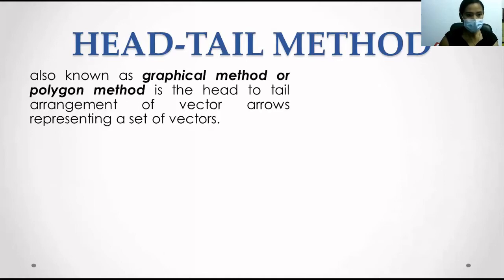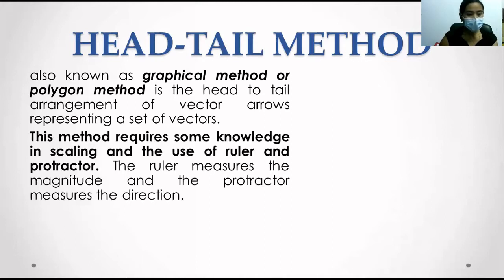Also known as graphical method or polygon method, it is the head-to-tail arrangement of vector arrows representing a set of vectors. This method requires some knowledge in scaling and the use of ruler and protractor.